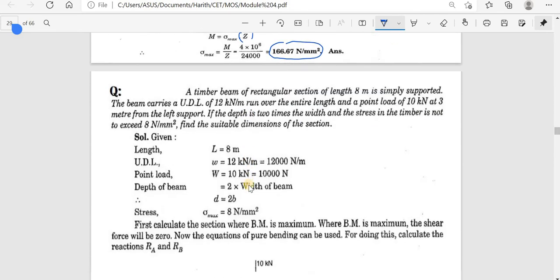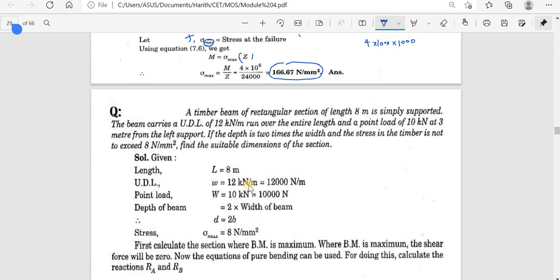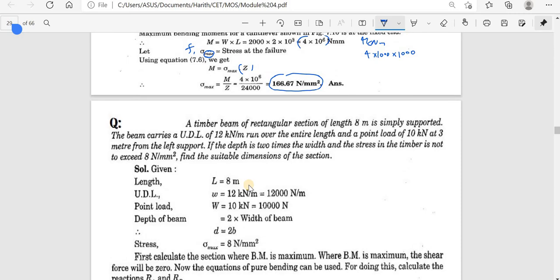Now similarly, let us look into another question. Some more complicated question is there, not a complicated one. Anyway, just understand. A timber beam of rectangular section, 8 meter, is simply supported. It carries a UDL of 12 kilonewton per meter over the entire length.